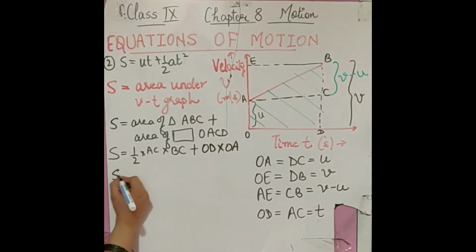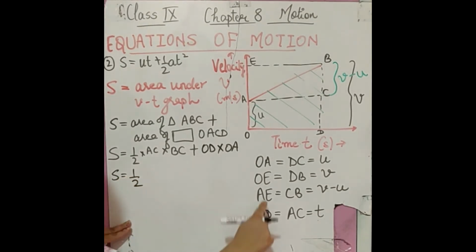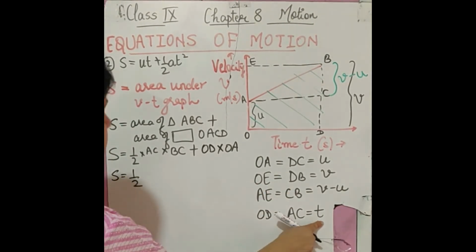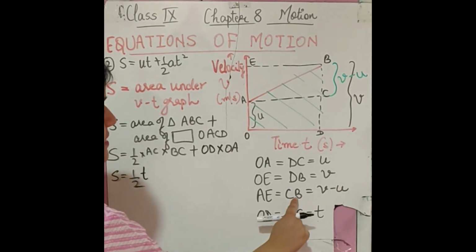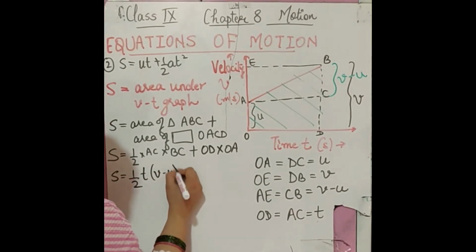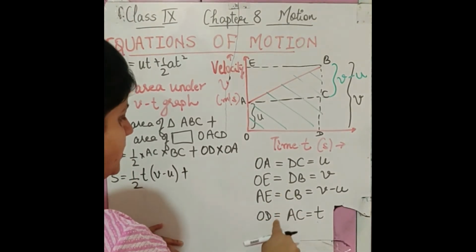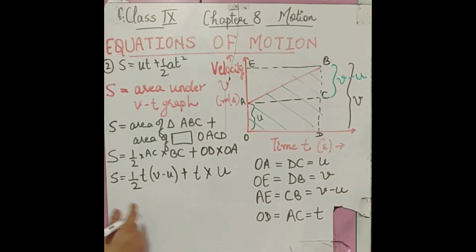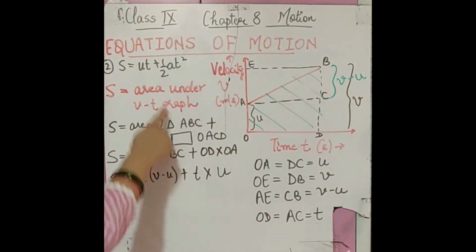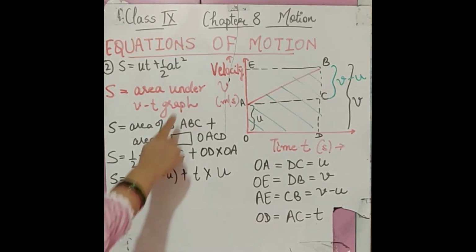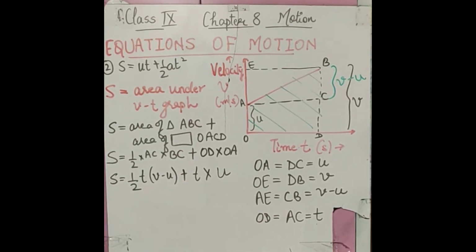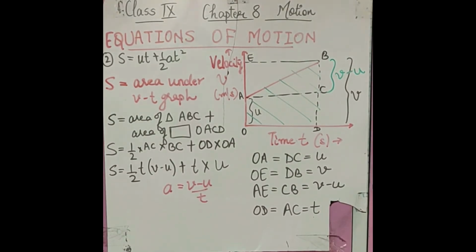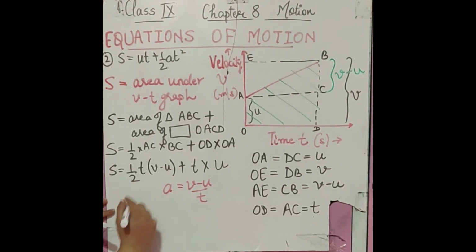So we put these values. Half AC is over here, AC is T. BC is V minus U, plus OD is here T into OA is here U. So we can see that one part is there, U into T. Now we need A, we don't need this V minus U. Now we know that acceleration is V minus U upon T. So we can calculate this value V minus U from here, which is AT, and we put it over here.